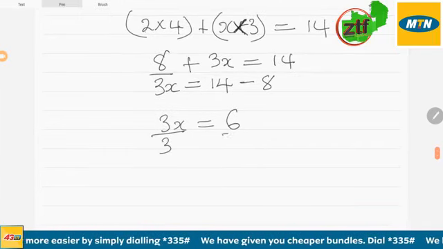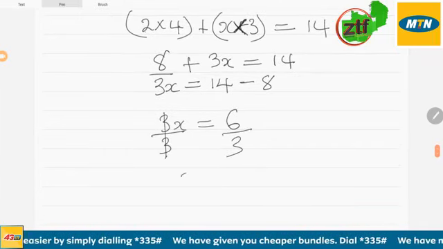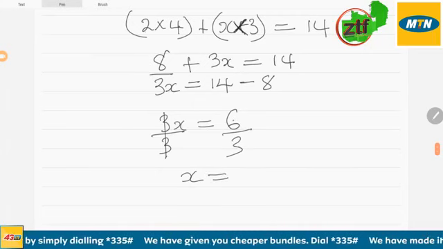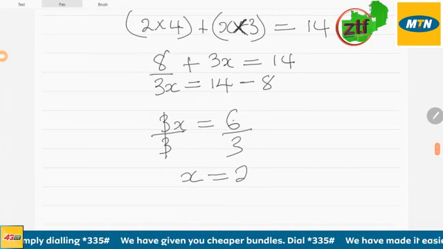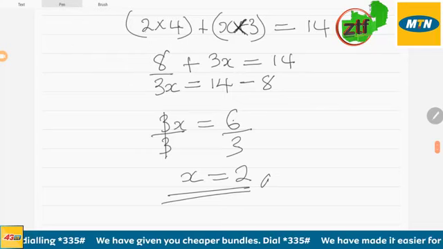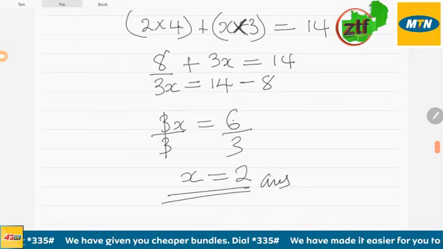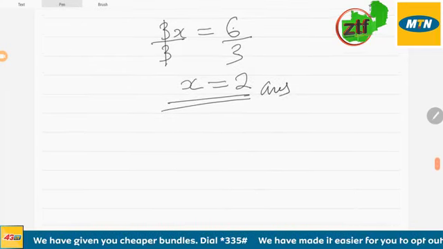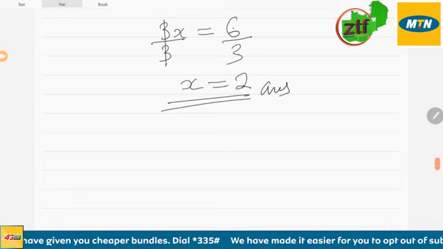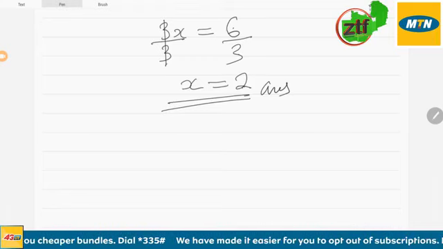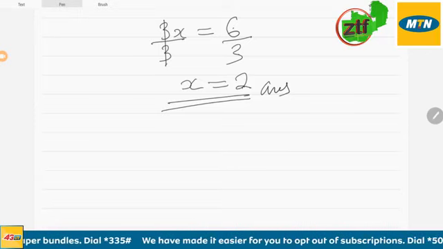We divide throughout by 3, and we have x equals 6 over 3. What do we get? We end up getting 2. So that is the value of x. Meaning, if we replace the x with this value, we are going to find the matrix that is going to give us the 14 that we have already found.